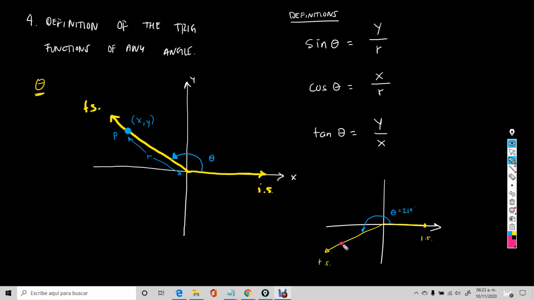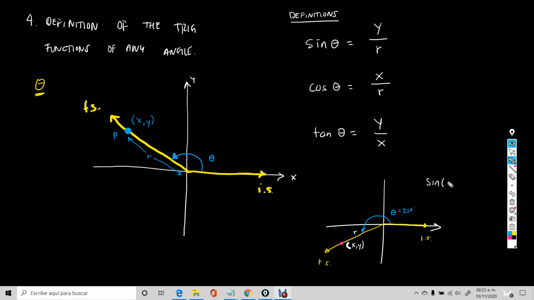This point, being a point, has two coordinates, x and y, and also it must have a distance from the origin, right? Let's call that distance r. That's it. With these three numbers, x, y, and r, you can find the trigonometric functions of this angle.